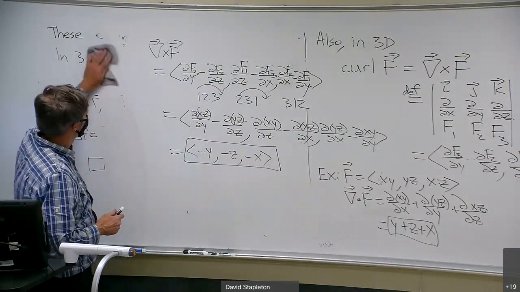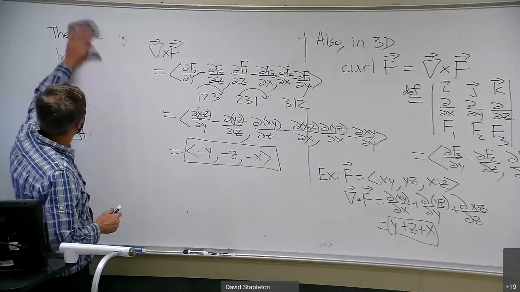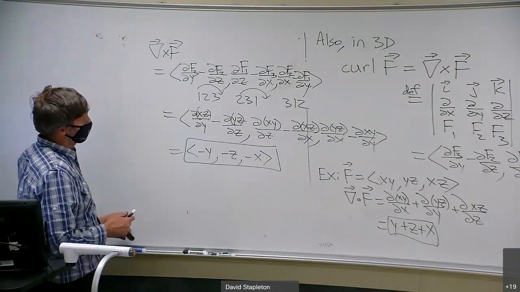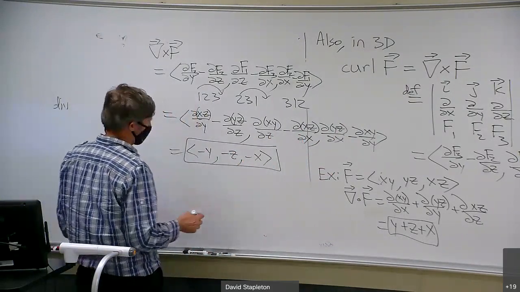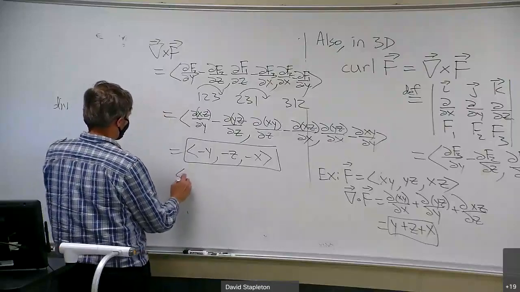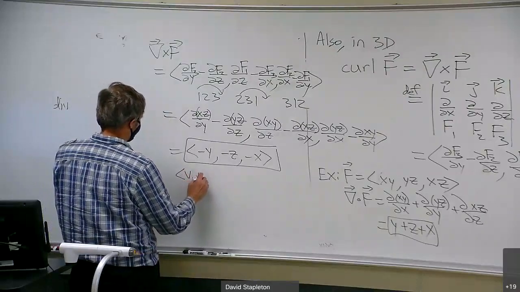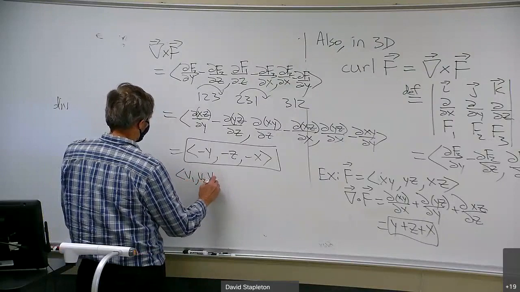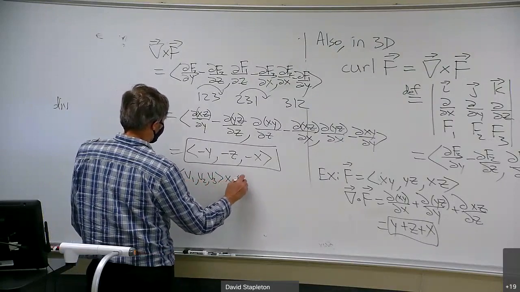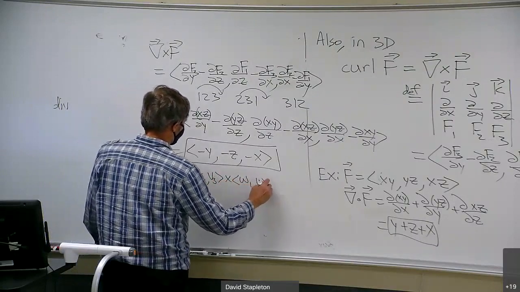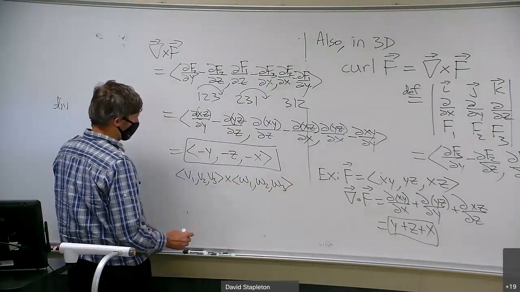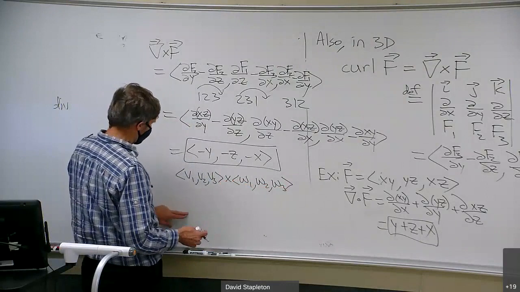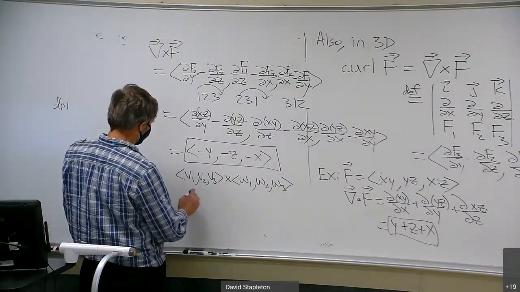Could you explain the 1, 2, 3, 2, 3, 1 process again? Oh, yeah. Sometimes, well, I don't do this as much with curl as I do with products of vectors, but when I take the cross product of vectors, V with 3 components, cross W with 3 components, sometimes rather than writing out the determinant, I like to do it quickly by saying you're taking cyclic permutations, that is cyclic orderings of the numbers 1, 2, 3.